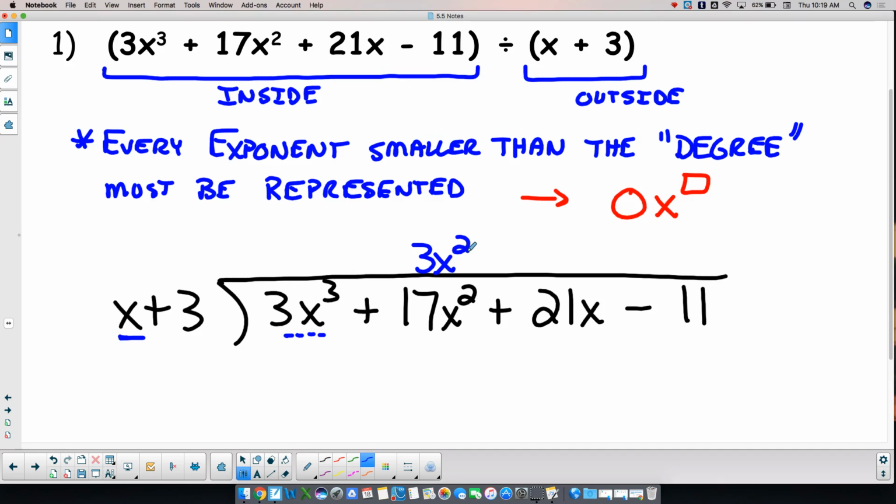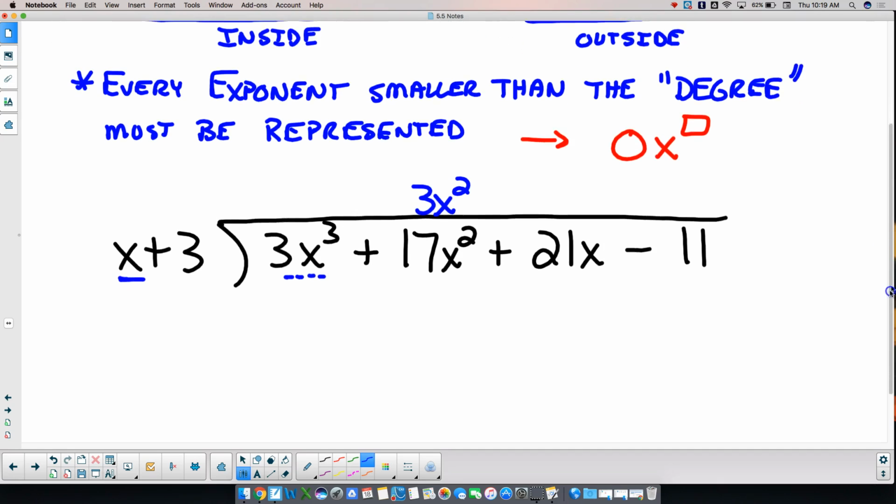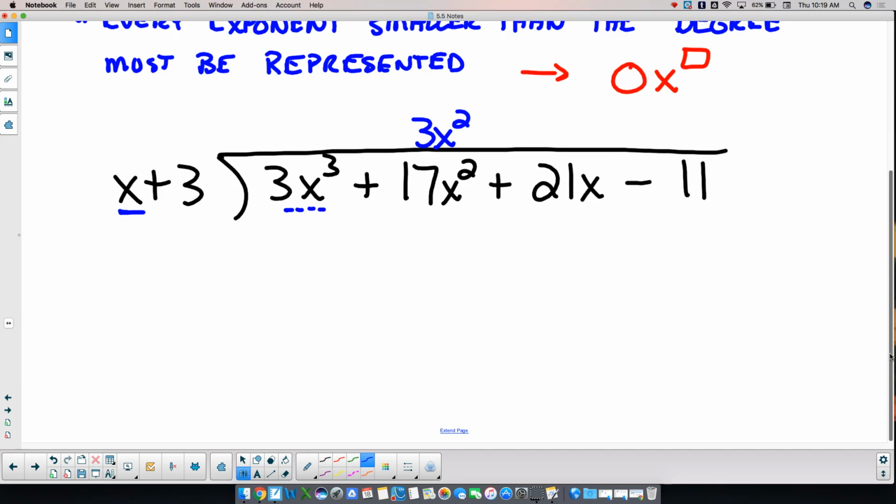Everything's going to line up vertically. Whether or not you choose to do it in your brain, or if you need a little sidebar action, you're going to take that 3x squared and multiply it by the term that's out in front, and you're going to write it below, just like we were doing before.